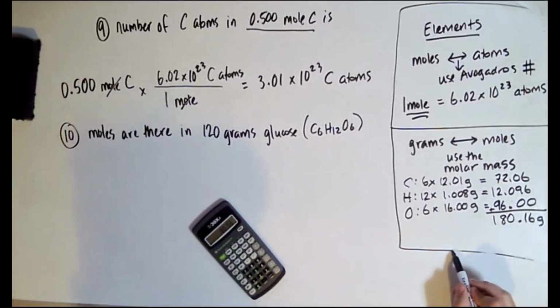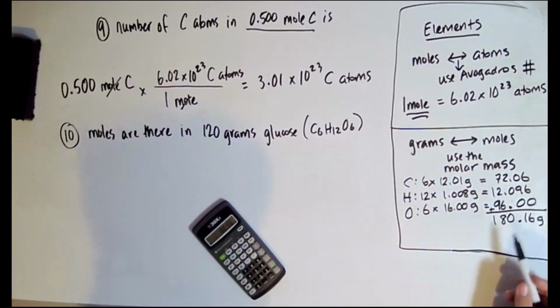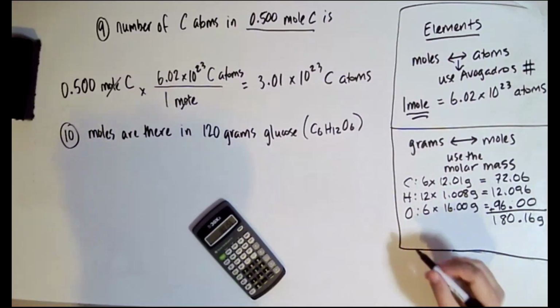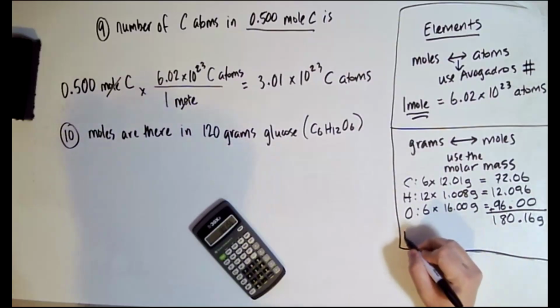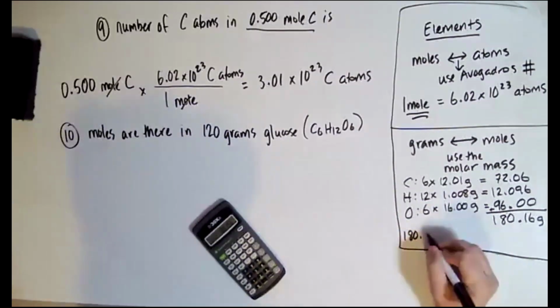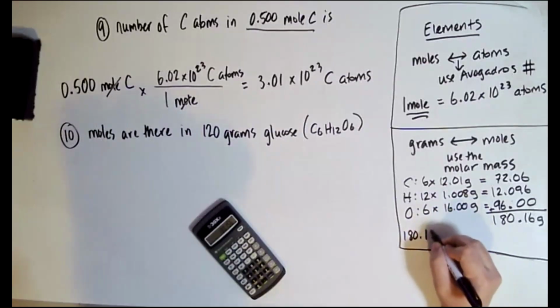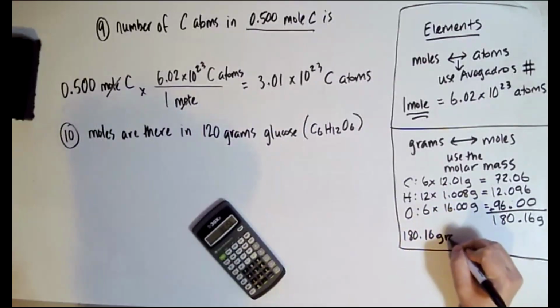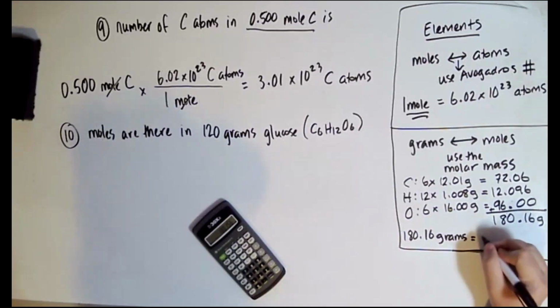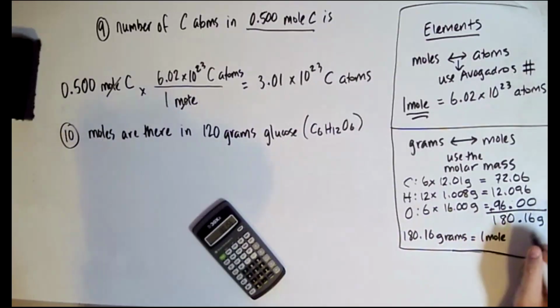And when we're looking at molar masses, remember that we can always write out that molar mass as an equality. So when we get this 180.16, what that means for us is that there's going to be 180.16 grams in every 1 mole of our glucose.